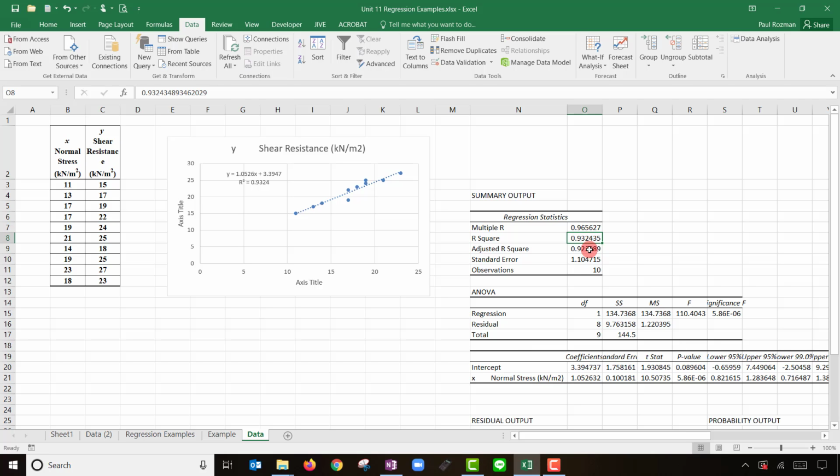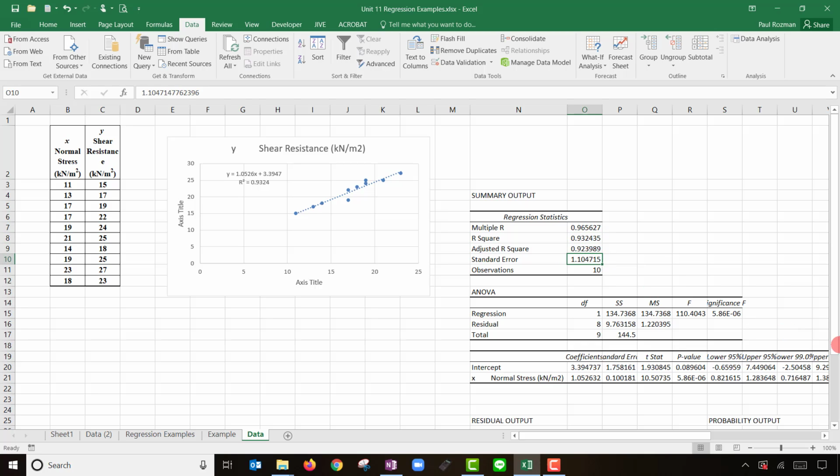The problem with the R square is that as you add more and more variables to a model, the R square changes, even if you're adding variables that have almost nothing to do with it. So, like if in this case, I could add the weight of the person who's conducting the experiment. And if I did that, added that data to the model, my R square would change because I've added more information. However, it wouldn't be good information. So that's why there's this thing called adjusted R square.